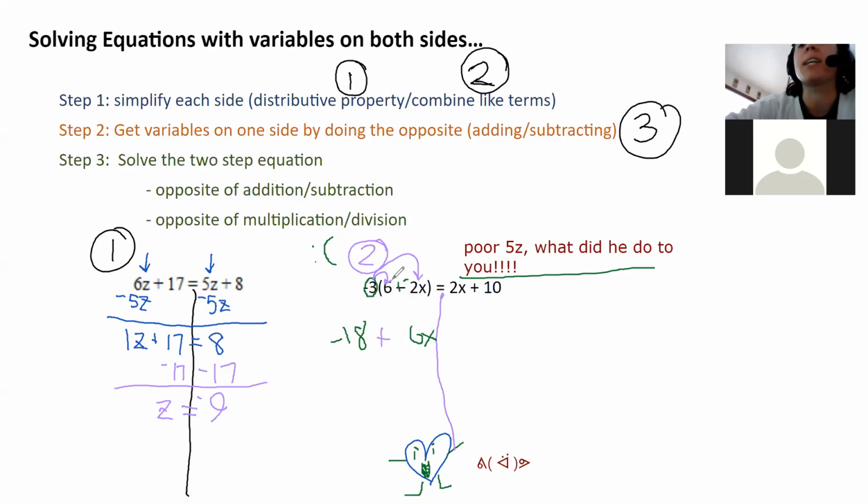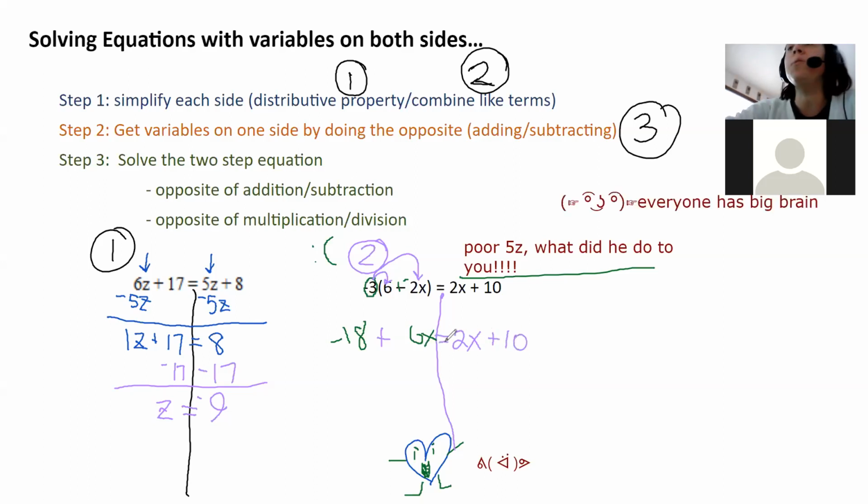Yep. Perfect. And then we still have that other side there. Excellent. Okay, so now we're done with distributive property. Do we have anything on each side that we have to combine before we can put the variables on the same side? Do we have to do any combining like terms? No, we don't. Not at all.